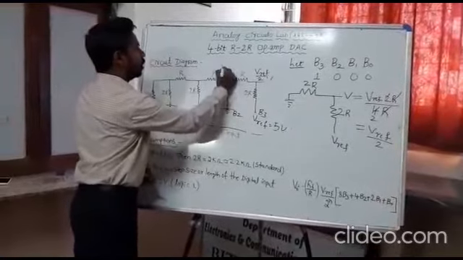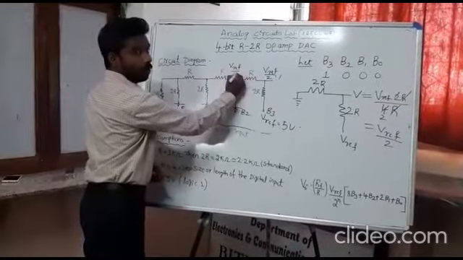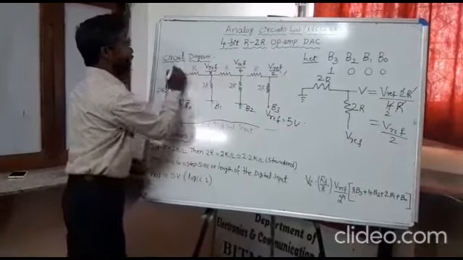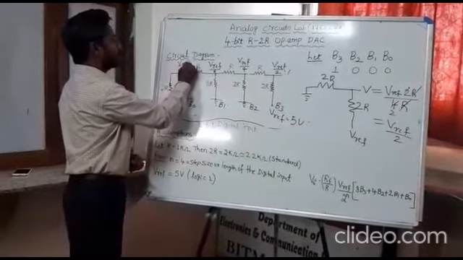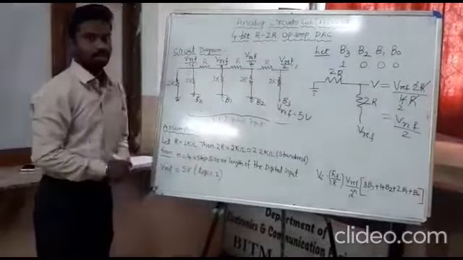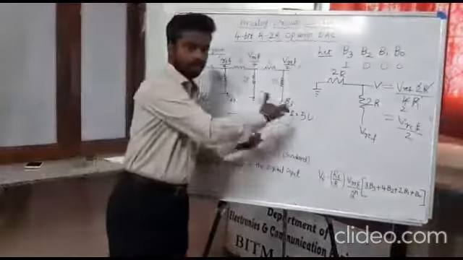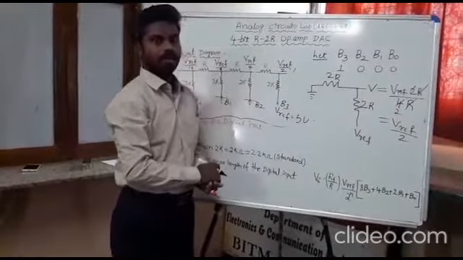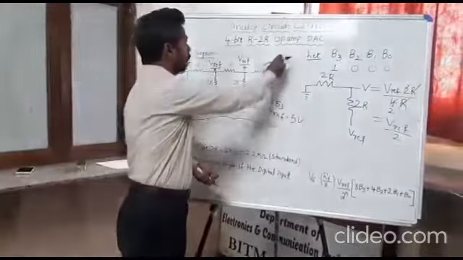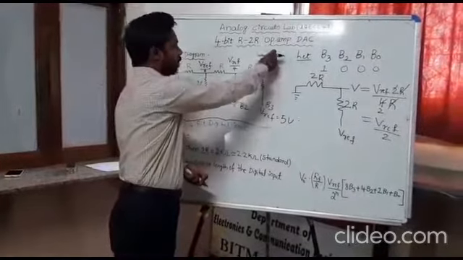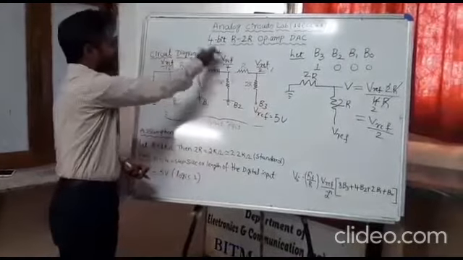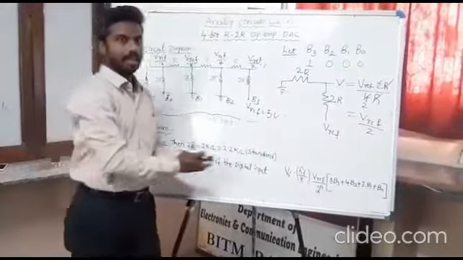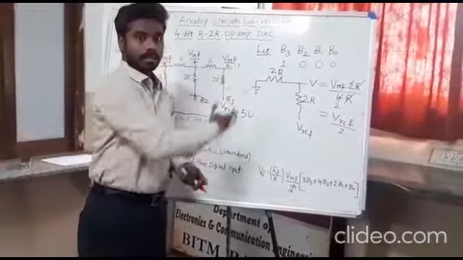Similarly, at this junction V reference by 4, at this junction V reference by 8, and at this junction V reference by 16. In the previous circuit, we had a summing amplifier, which takes all these 4 voltages: V reference by 2 plus V reference by 4 plus V reference by 8 plus V reference by 16, with the set gain.